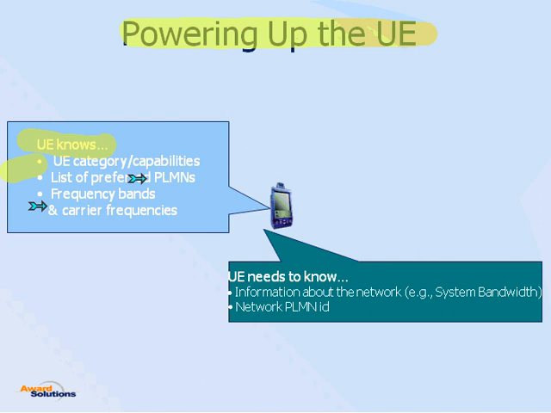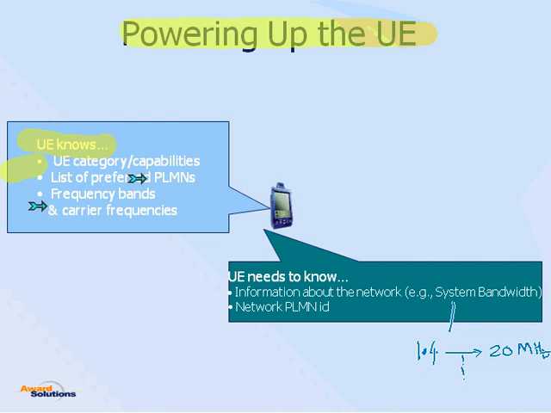To communicate with the network, the UE needs to know several things about the network. For example, how much bandwidth is being used. If you recall, we may have as little as 1.4 megahertz spectrum, as wide as 20 megahertz spectrum. That's the bandwidth.